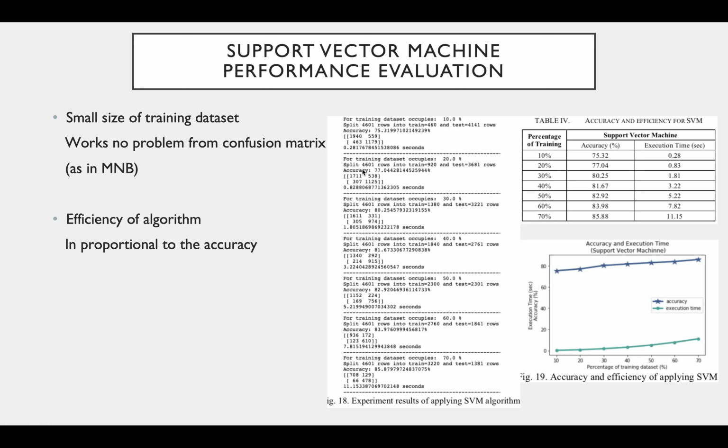So we can conclude that it works with no problem on smaller training data sets. And then the efficiency of the algorithm. We can see from figure 19 that the execution time is proportional to the accuracy.